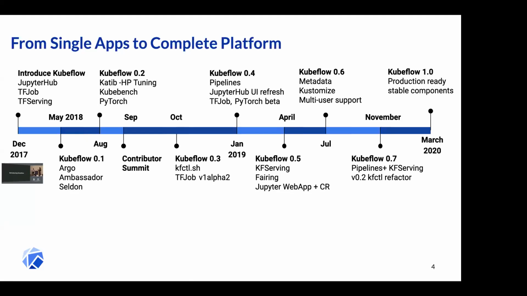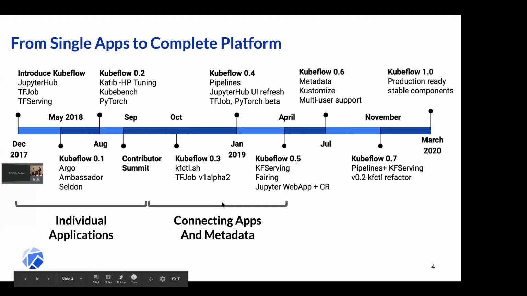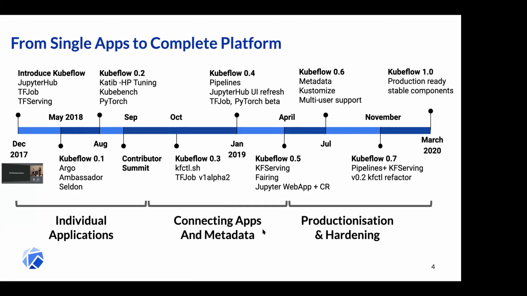Then over the next third of the project or so, you started to see connecting the apps, right? Pipeline capabilities come into Kubeflow. And then finally, where we're arriving now, over the last couple of releases, a lot of hardening and productization work, right?